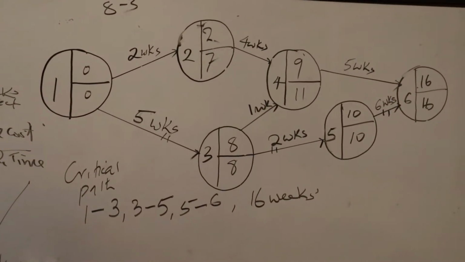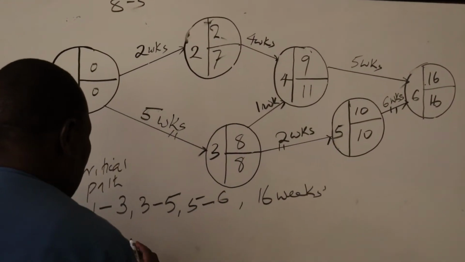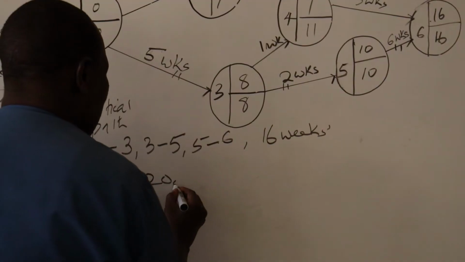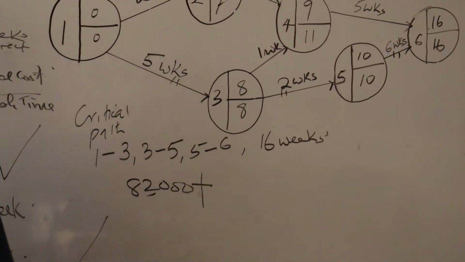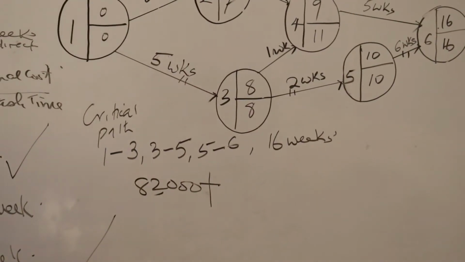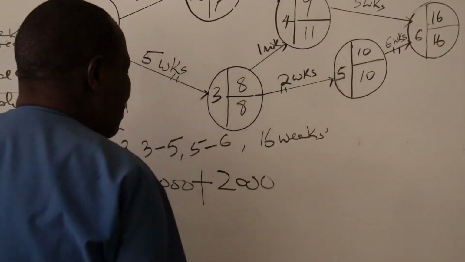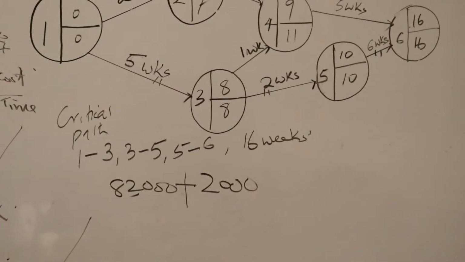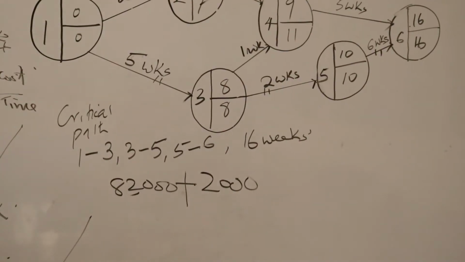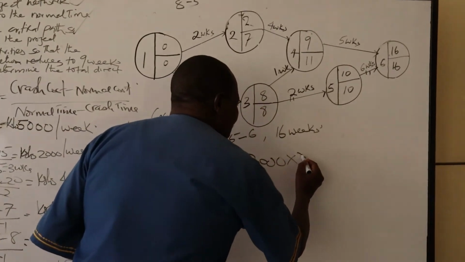And what is the total cost? The total cost of crashing that activity is 82,000, which is the total direct cost, plus its cost slope of 2,000 per week. There are 3 weeks available for crashing that activity, so that is multiplied by 3.